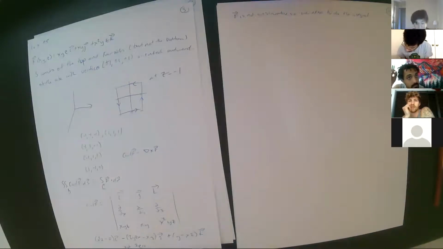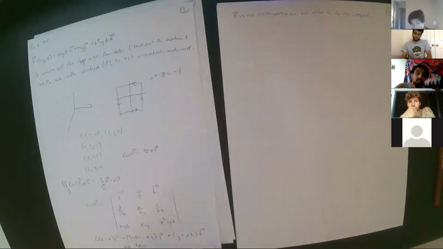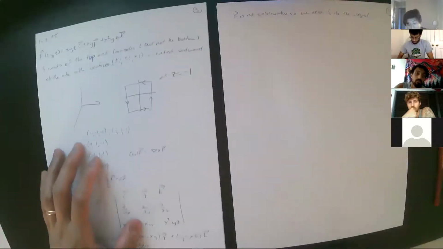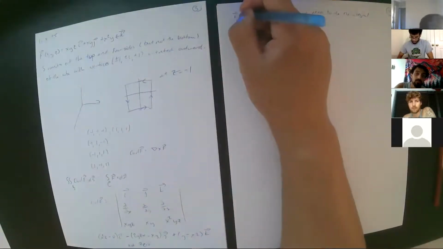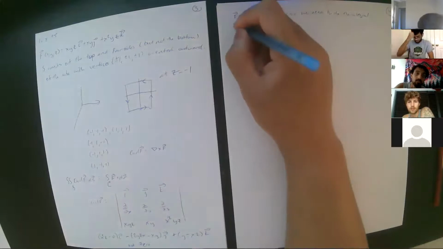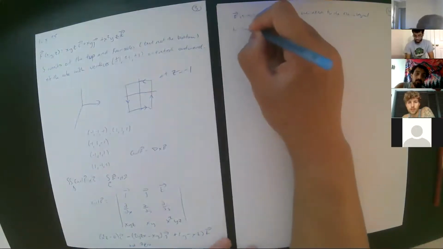So how would we do this integral? Like you said, we could do 4 separate line integrals. Yep, we could do 4 separate line integrals. Is there any easier way?